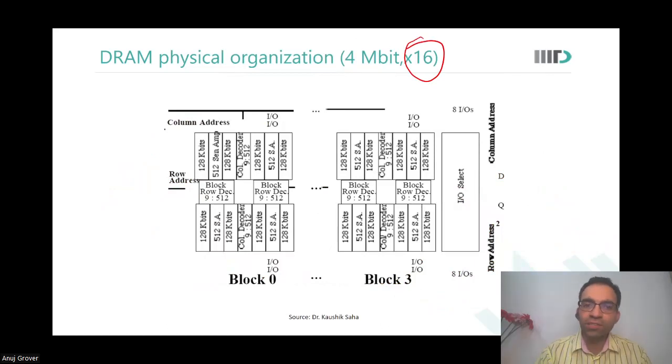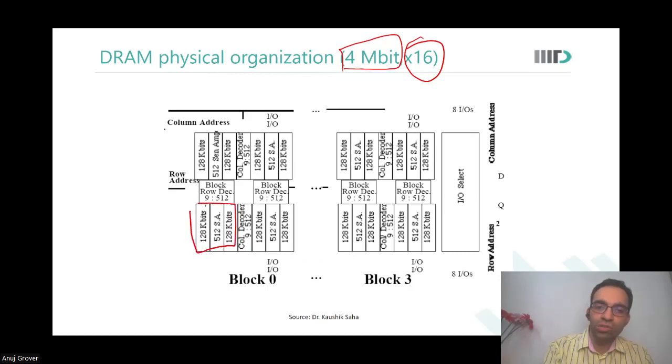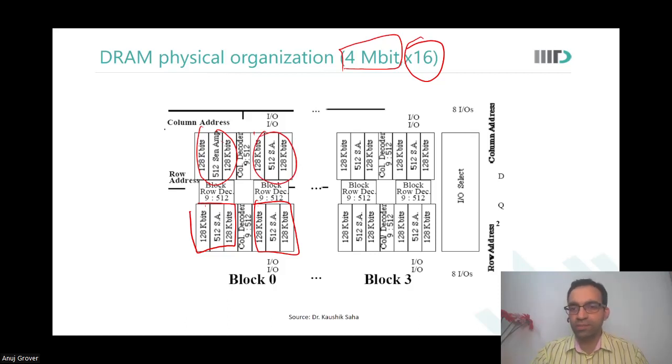If I have 16 blocks, then I would need 16 bits at the output. So this particular memory is organized as 512 rows and 512 columns for 4 megabit capacity, and I have 16 bits. So I go to 16 such pages: 1 page, 2 page, 3 page, 4 page, and 16 such pages.